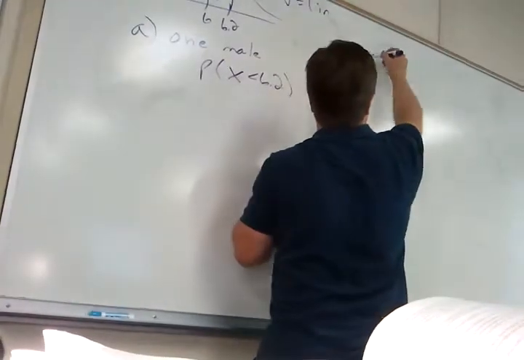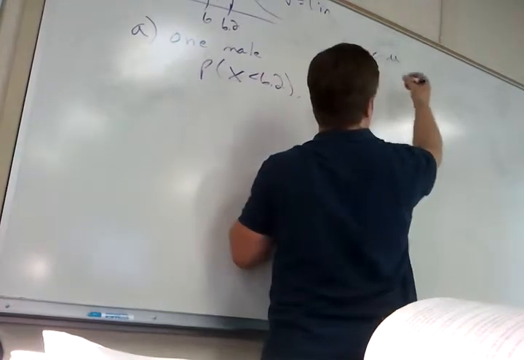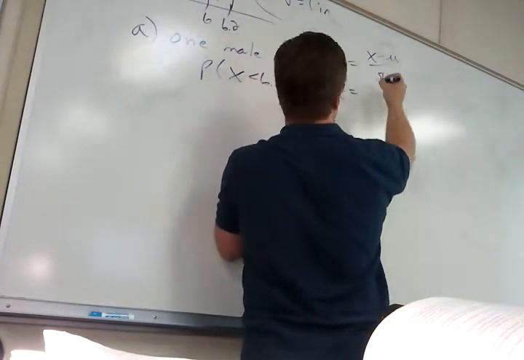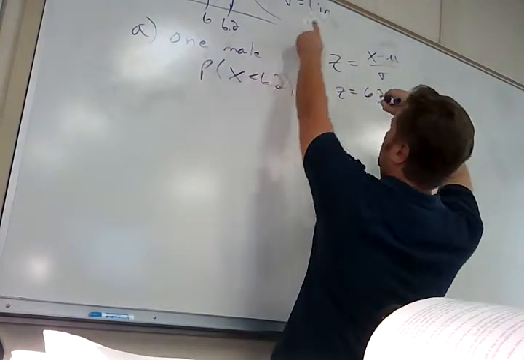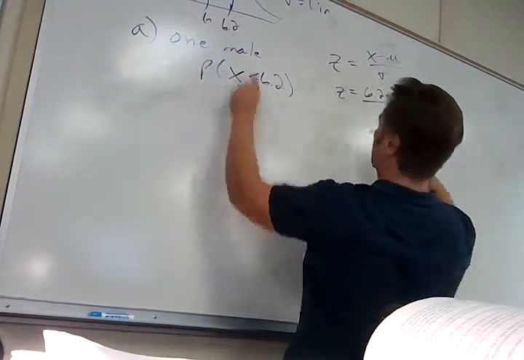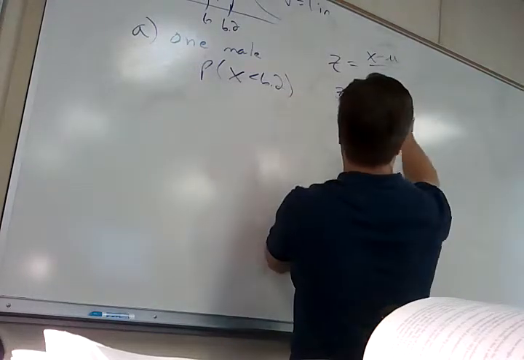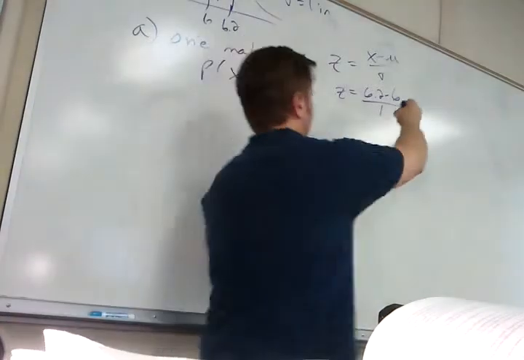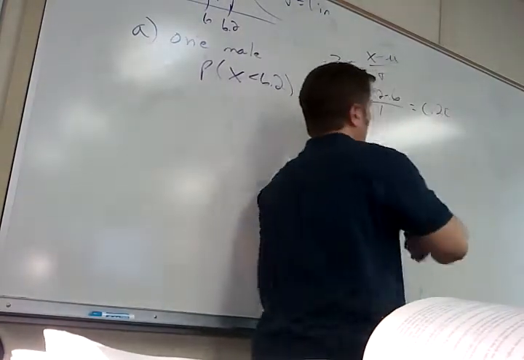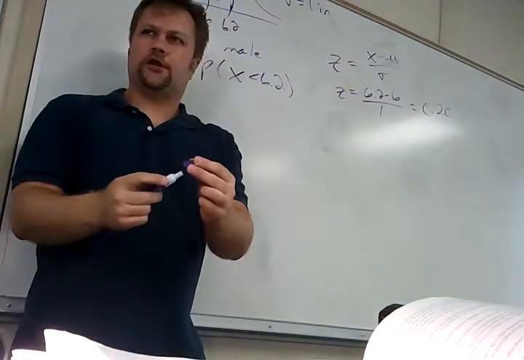I love it. So x minus the mean over the standard deviation. So my x-score I'm interested in is 6.2 minus the mean divided by the standard deviation. That's nice. 0.2, I love it. So look that up in the z-score chart, see what you get.